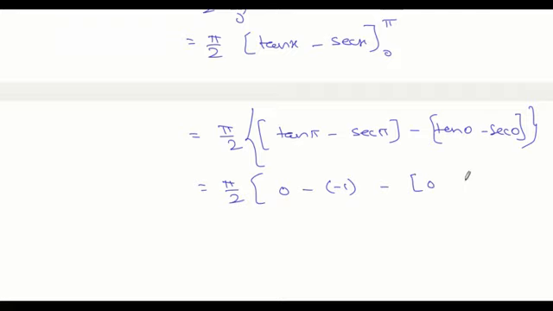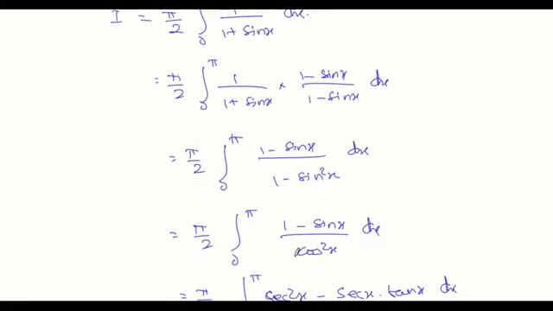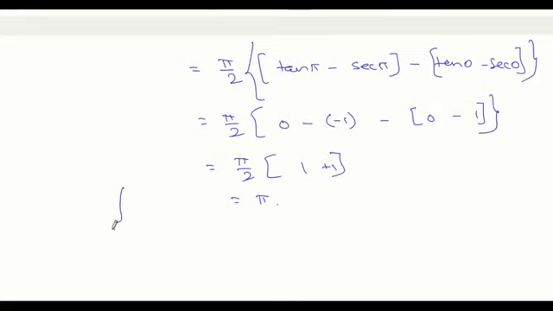Tan 0 is 0, minus secant 0 is also 1. So therefore pi by 2 into 1 plus 1. So your answer is 2 by 2 pi only. Okay children, so we get the answer for this as pi. Integral 0 to pi of x by 1 plus sin x dx is nothing but pi itself.